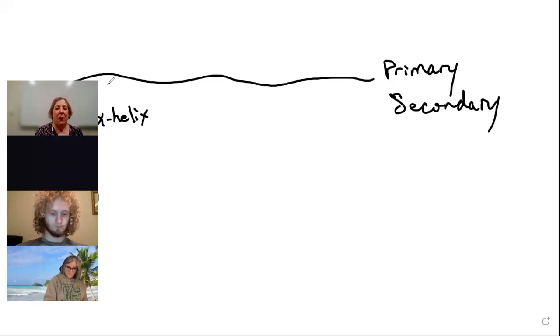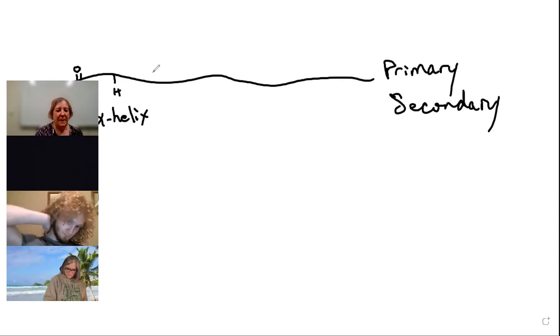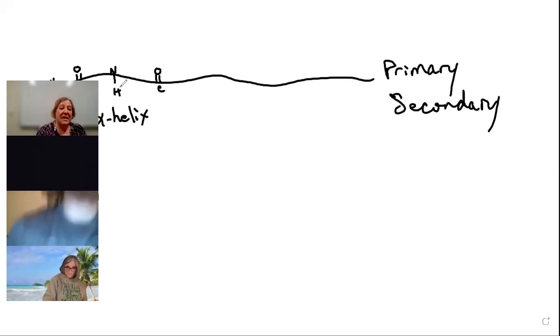Okay, so remember, on this string, on the nitrogen, I have a hydrogen hanging down, and on the carbon, I've got oxygens hanging down. Because this is bonded to a nitrogen, and this is bonded to a carbon, these get a little bit of a positive charge.